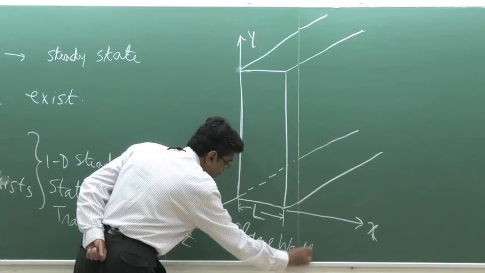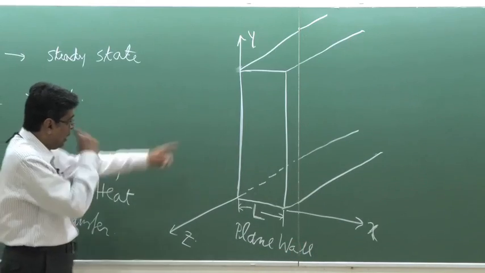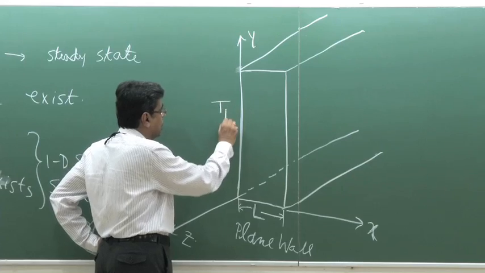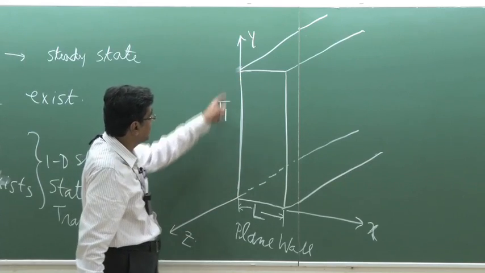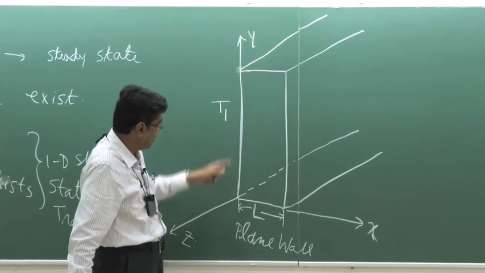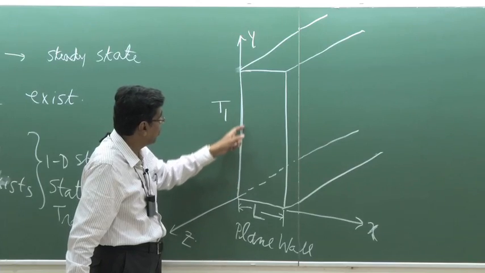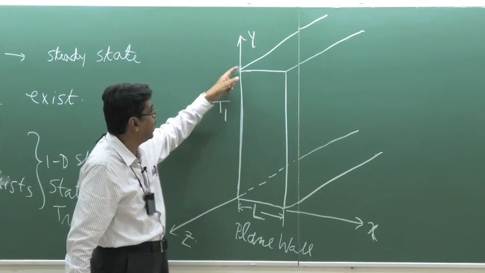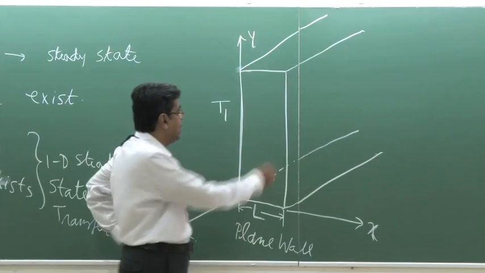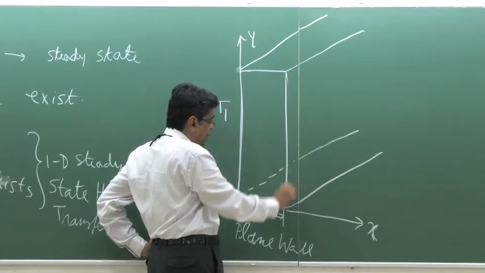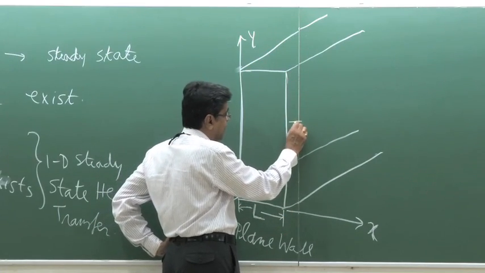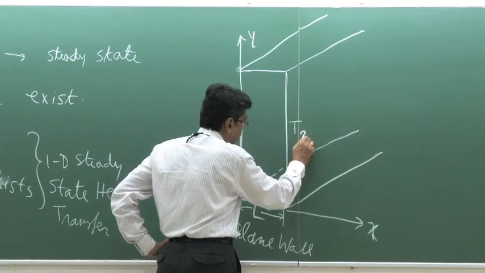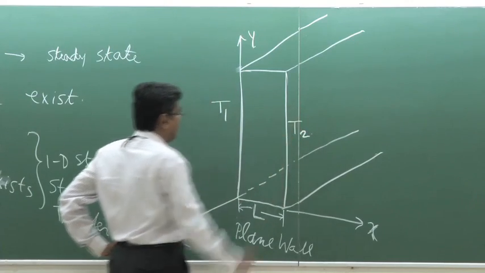And if we consider a situation that the left hand surface is kept at a constant temperature T1, that means at each and every point on this surface the temperature is T1, which is independent of y and z direction. And if this right hand surface is kept at a constant temperature T2, this is the prescription of the problem.